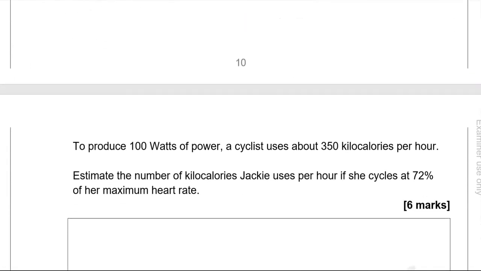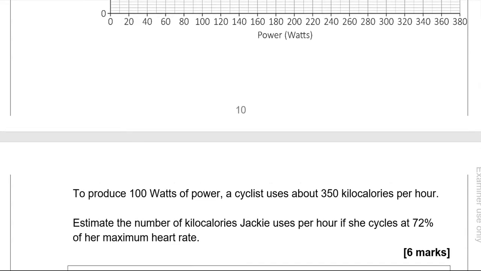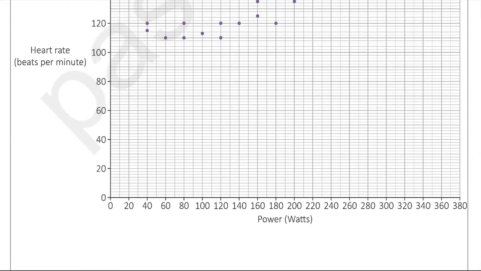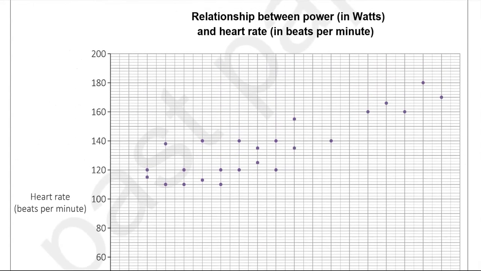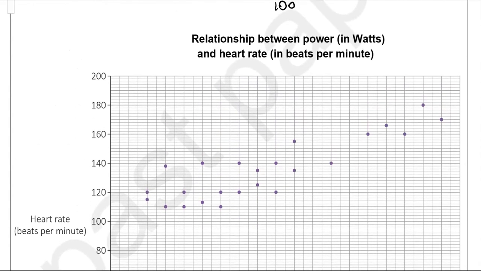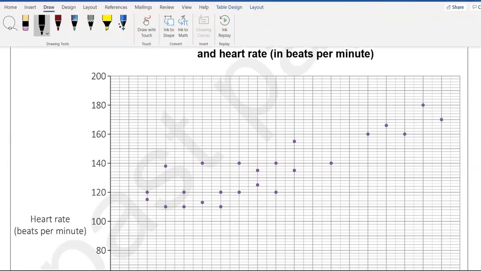Now going back to the question, estimate the number of kilocalories Jackie uses per hour if she cycles at 72% of her maximum heart rate. So looking at the scatter diagram, we'll need a line of best fit to help us estimate.